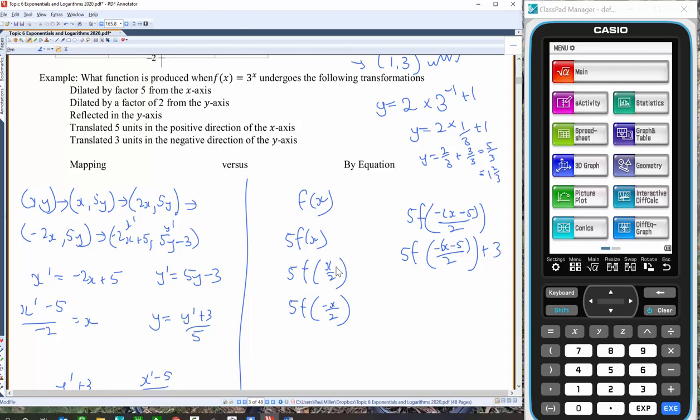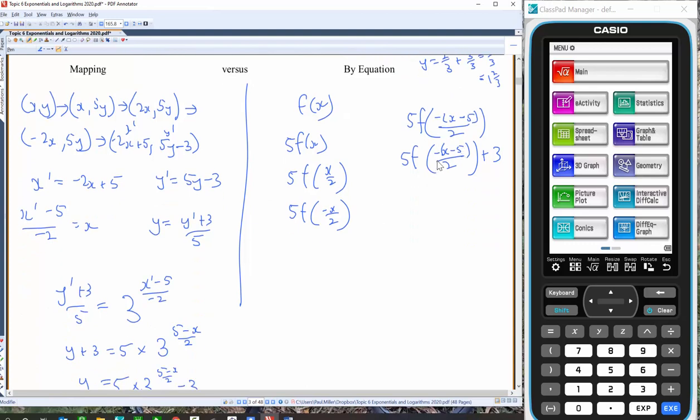All right, so there's our by equation there. So what I need to do is slam that into f of x and recall that f of x equals... 3 to the x, I think it was. So let's do this thing to make my new function. So y equals 5 out the front of 3 to the power of negative (x take 5) on 2, plus 3, and that's fine.